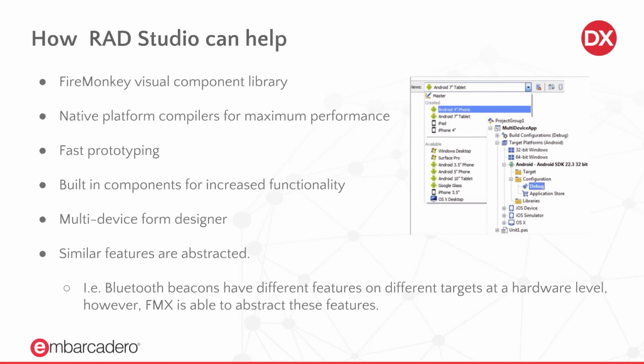You write your UI once, customize everything at the design time, and deploy to your target platforms. You also get the cross-platform runtime library and FireDAC database access. You get native platform compilers for 5 operating systems, 32 and 64-bit CPUs, Intel and ARM, to maximize your app performance.